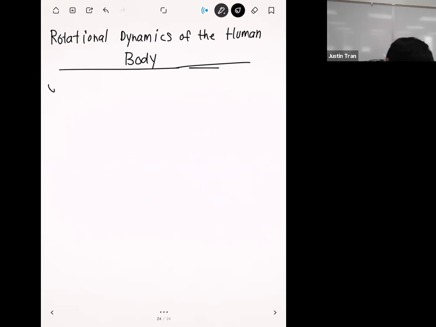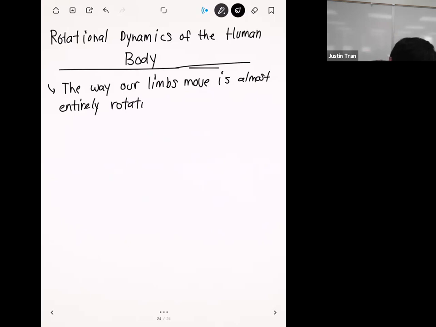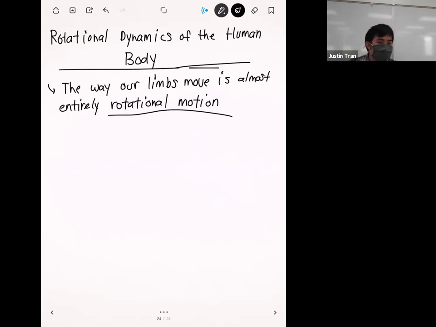The big reason for that is the way that our body segments move is almost entirely rotational motion.